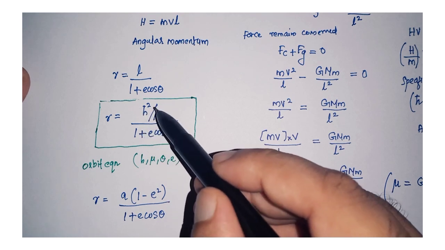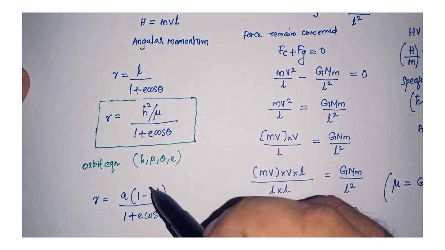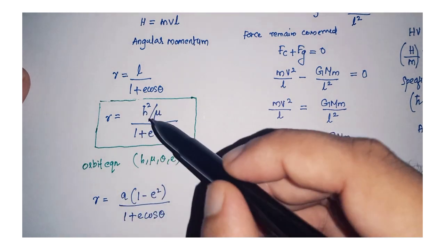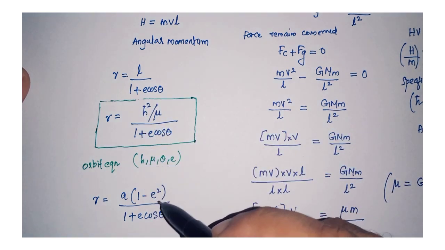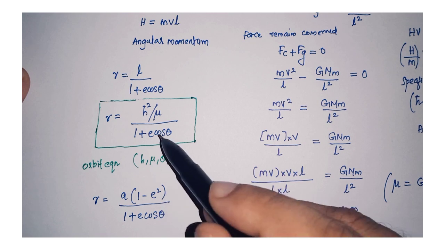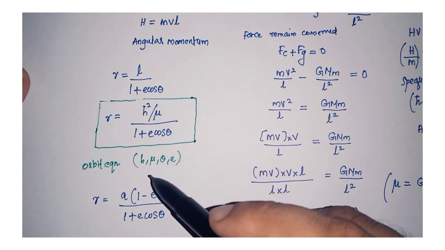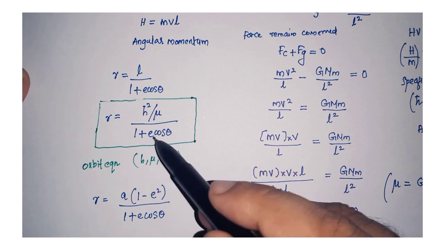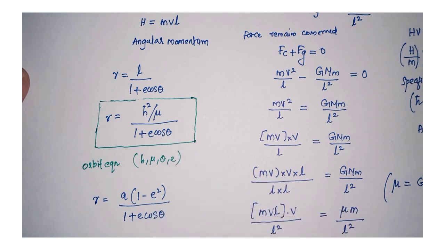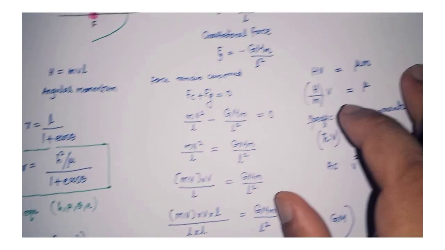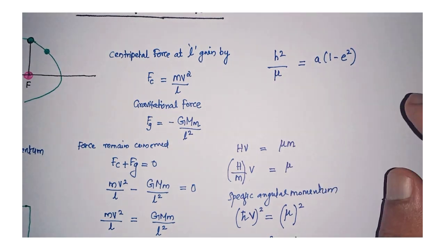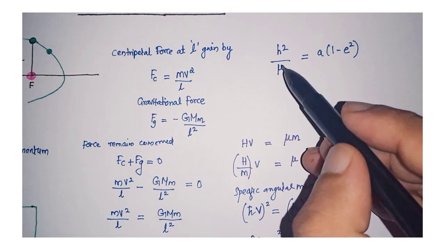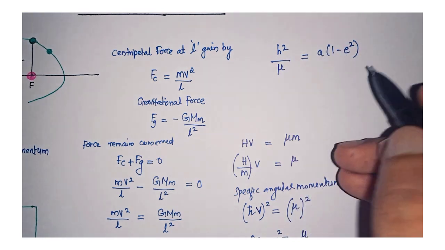You have a denominator which is going to be equal for this denominator as well, sorry, the numerator. So the numerator value h square by mu is equal to the numerator value a into 1 minus e square. So these two expressions are equal, and 1 plus e cos theta gets cancelled off, and ultimately you end up with the equation here. This is quite evident from the two equations.